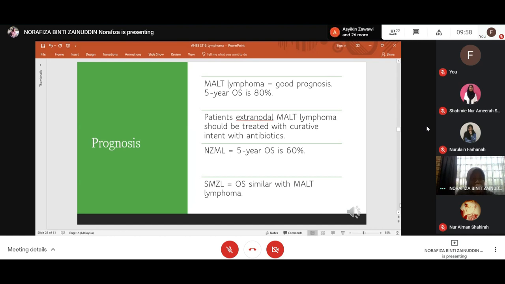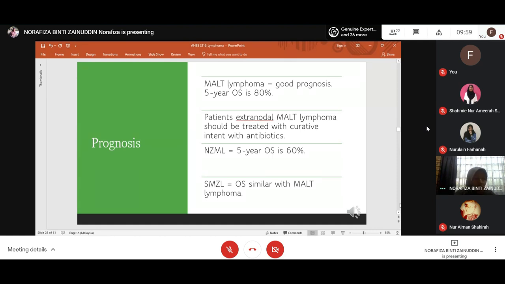But the 5-year overall survival of patients with marginal zone lymphoma is around 80% actually for older individuals.